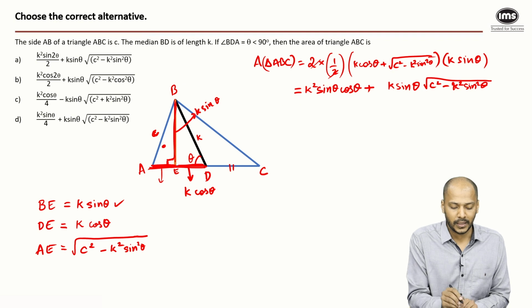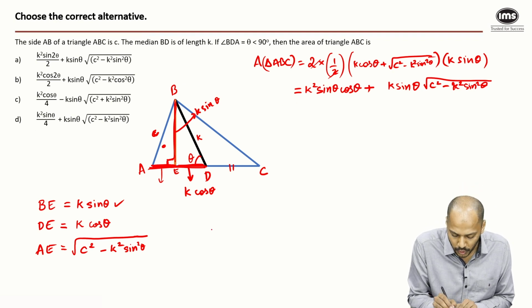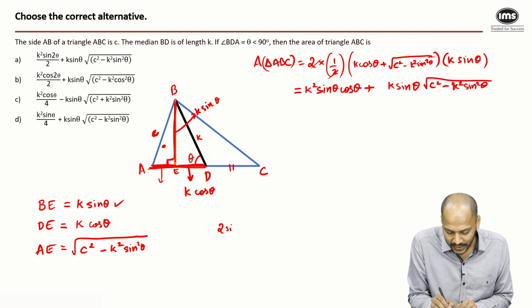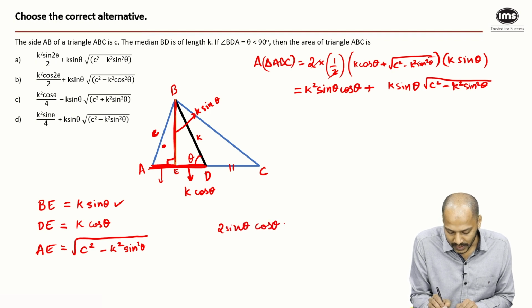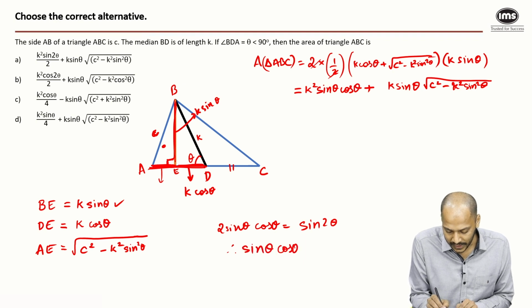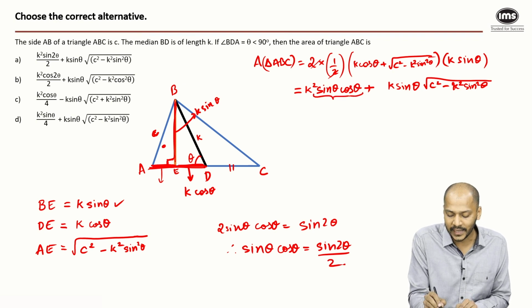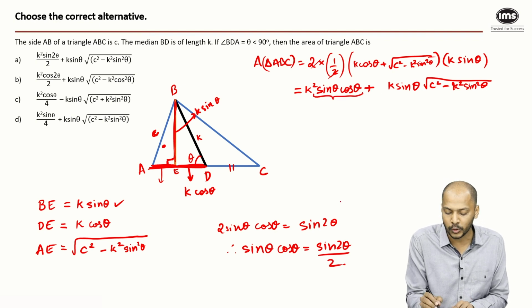And each of the options has sine 2 theta, cos 2 theta or something like that. So we should know 2 sine theta cos theta is equal to sine of 2 theta. Therefore, sine theta cos theta can be replaced by sine 2 theta upon 2.